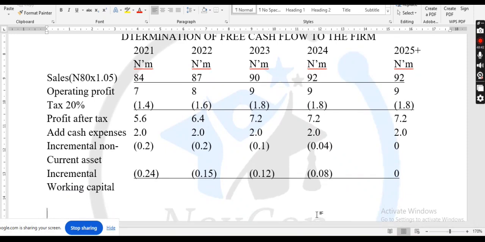What you need to do is check what information is given to you. What are the value drivers? The value drivers given to you will be in line with the free cash flow. So what is the free cash flow to the firm?